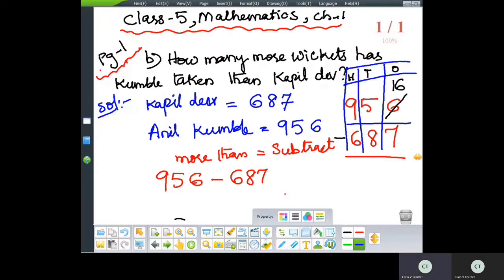Numbers should be written below each other, children, and the answer also in the same line. So 6 will not go in 7, so we have to make the 6 as 16. Borrowing, 5 will become 5 minus 1 is 4.